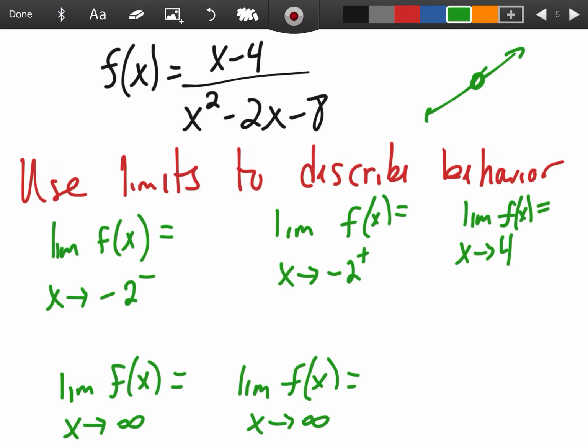All right, so let's start off with -2 from the left. What happens as we approach -2 from the left? We want to plug in a number that's really close to -2. We're not going to plug in -2.0000001; -2.1 or -2.01 will suffice.